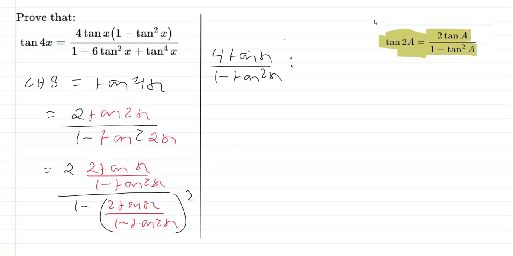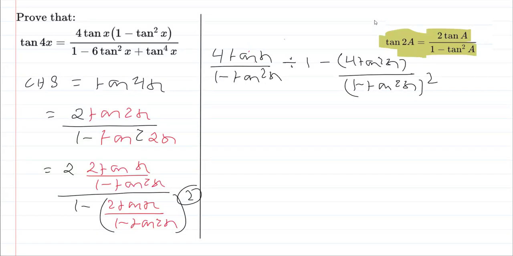Now you can see that I can write this as 1 as it is, minus the square of this, which will become 4 times tan square x, and in the denominator, I can write this as 1 minus tan square x, the whole square. So what I did, I wrote this square in the numerator and denominator separately.